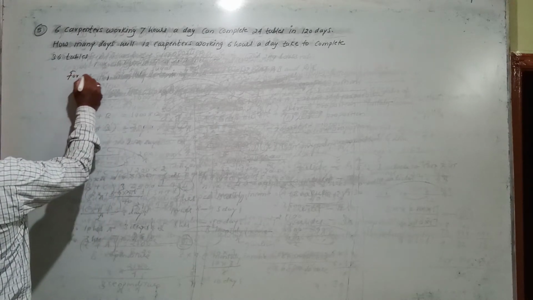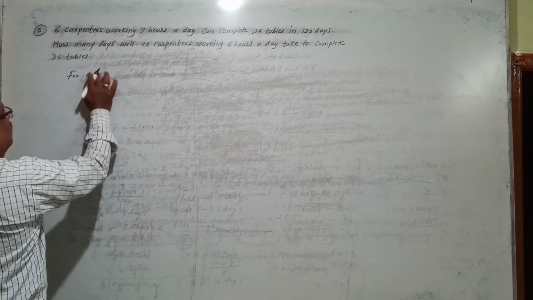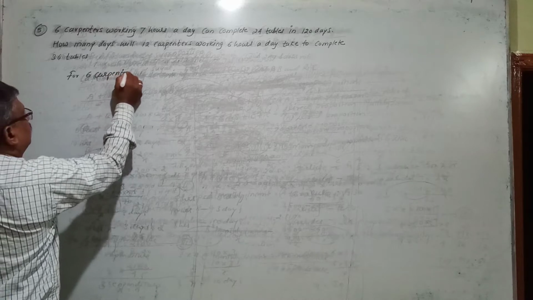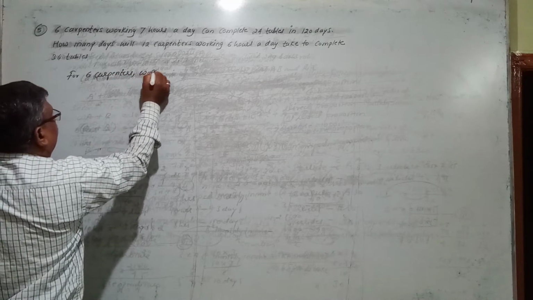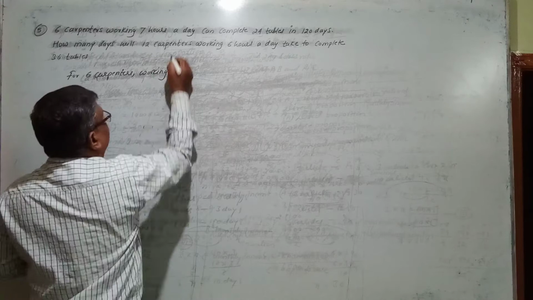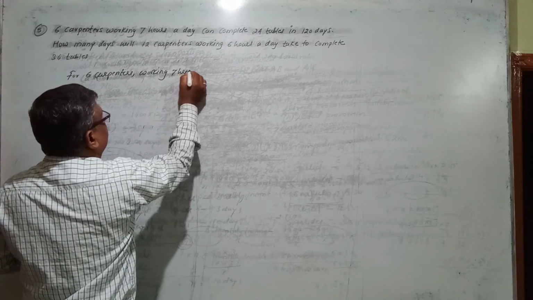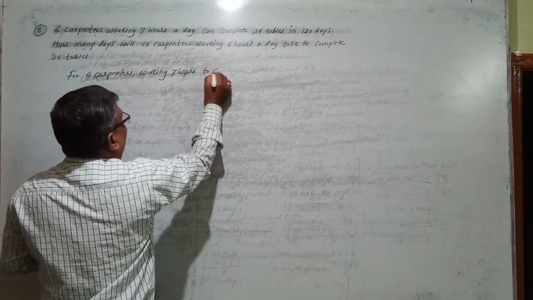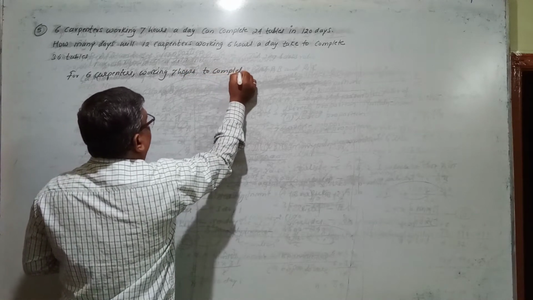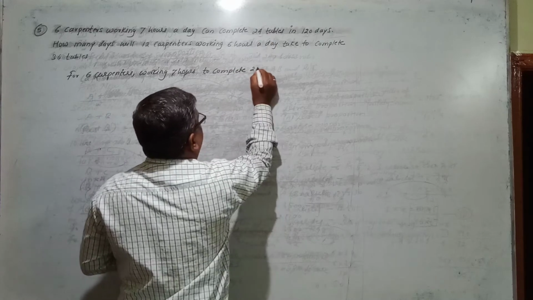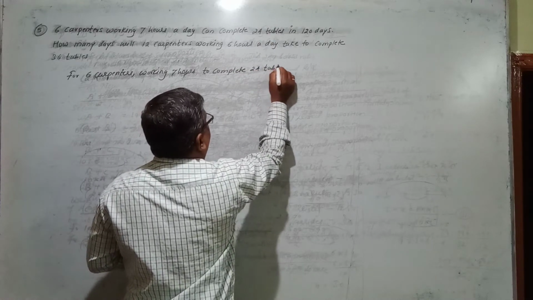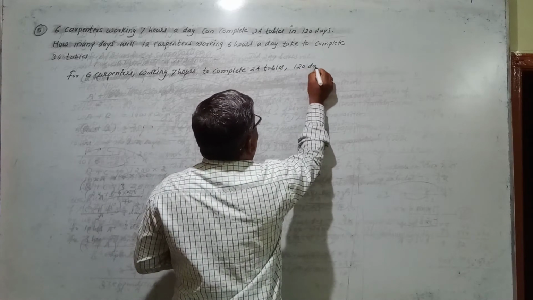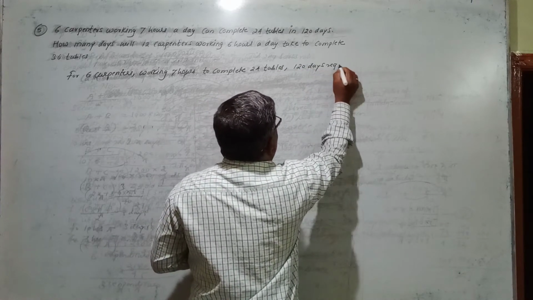For 6 carpenters working 7 hours to complete 24 tables, how many days are required? 120 days are required.